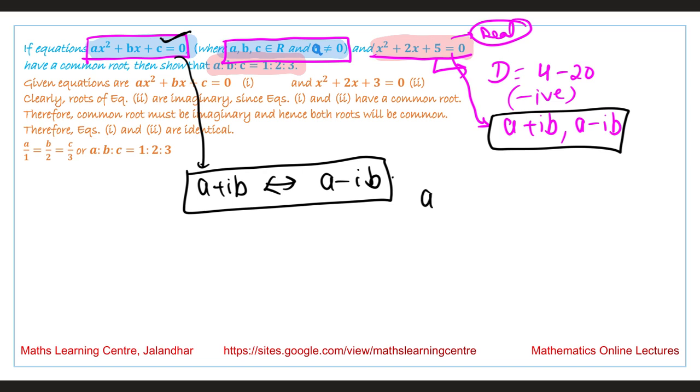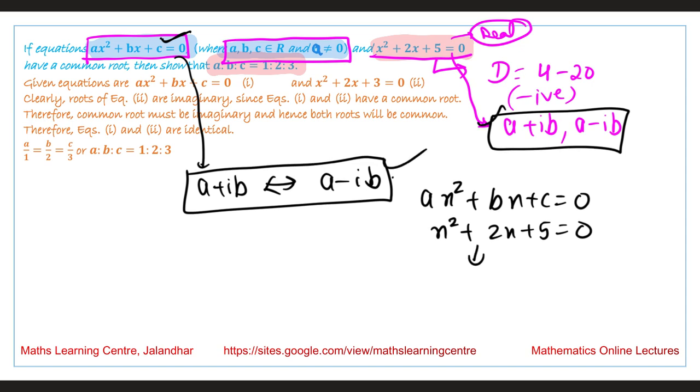And we know that if the equations ax² + bx + c = 0 and x² + 2x + 5 = 0 have both roots common, then a/1 = b/2 = c/3. So this is the required condition.